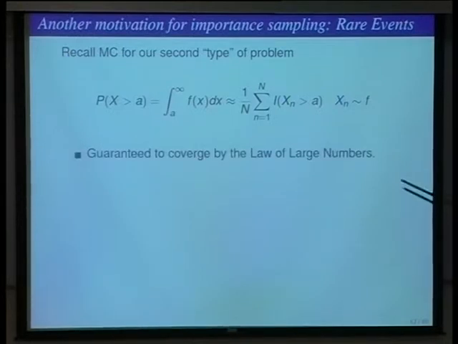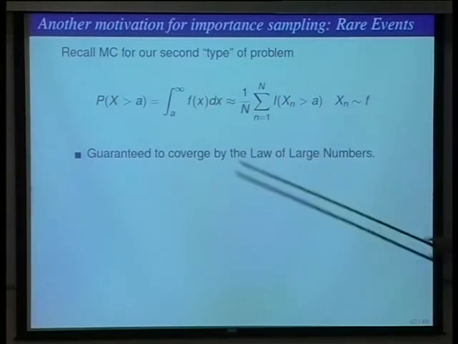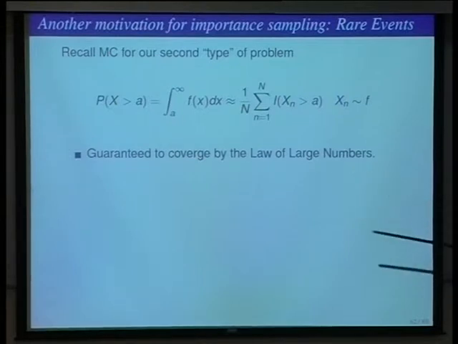Just like our other case, for the case where we're interested in the probability that might not be too close to the mode of the distribution, this is still guaranteed to converge by the law of large numbers. The law of large numbers says if you take an infinity of samples, this will converge. That's good theoretically, but practically it isn't useful at all.